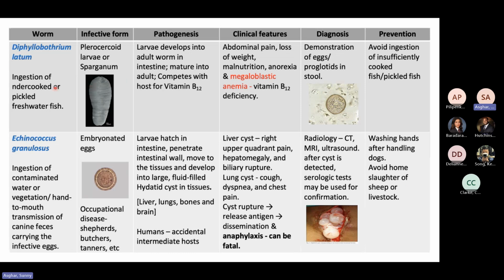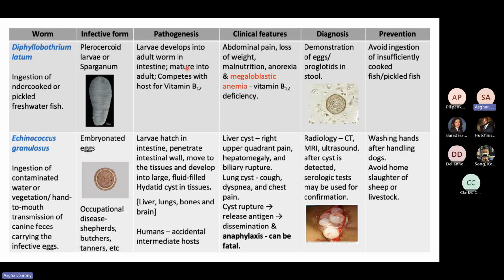And then moving on, these are our next two worms, and again the same thing: ingestion. This specifically is ingestion of undercooked, pickled or fresh water fish, right? Pathogenesis, same concept.